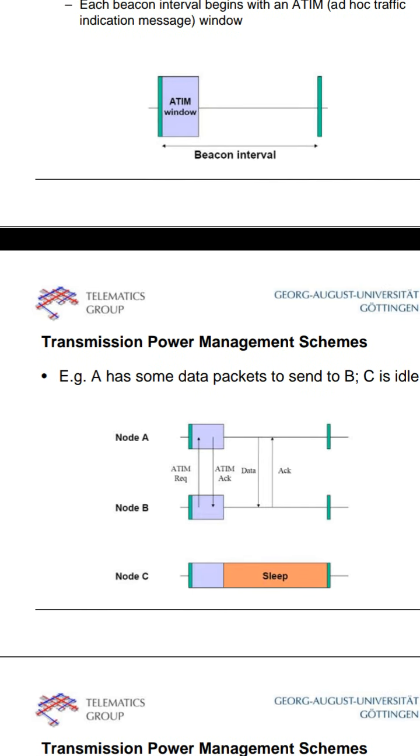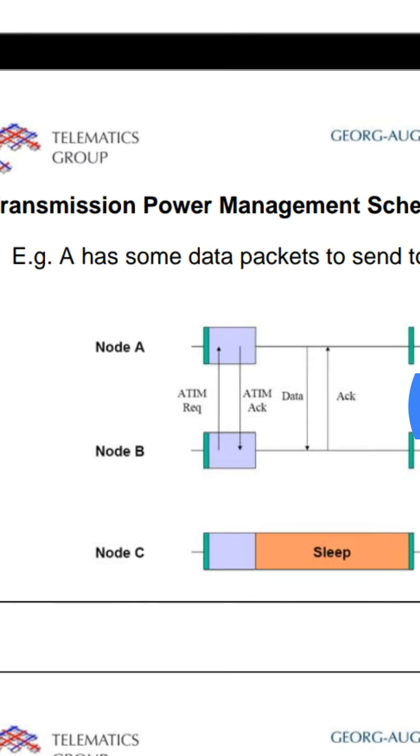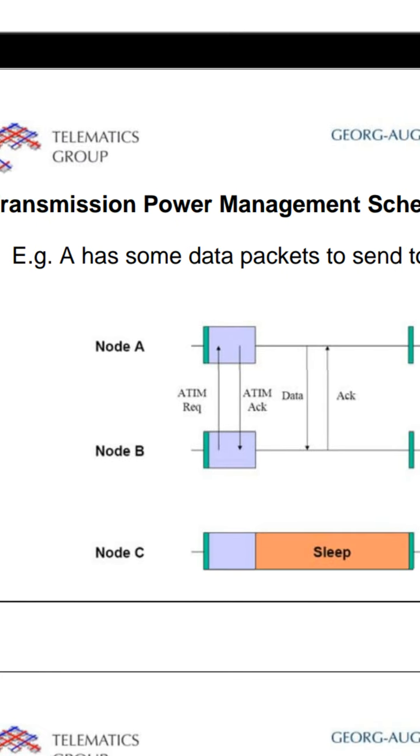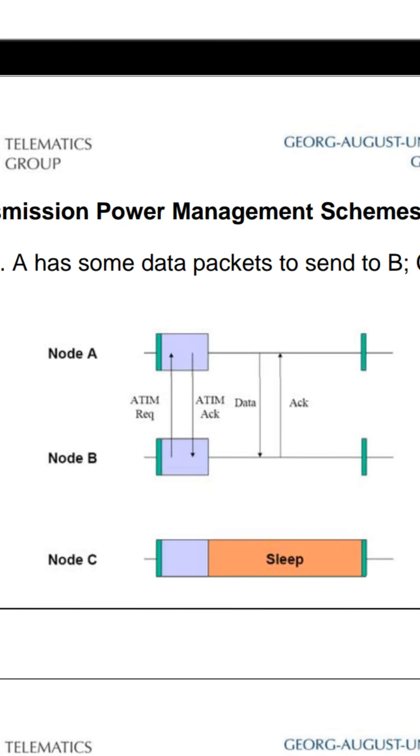Node A will send data to node B and node C. So node A sends the ATIM request message to node B and node C. Node C does not respond to that request, but node B responds to the ATIM window request from node A. Then ATIM acknowledgement is sent by node A to node B. This is the ATIM window request and response.